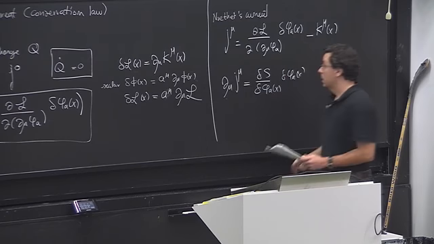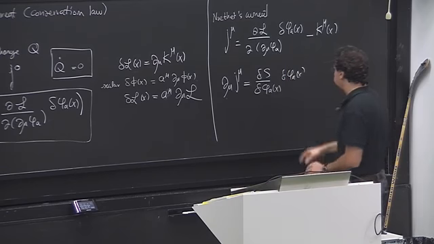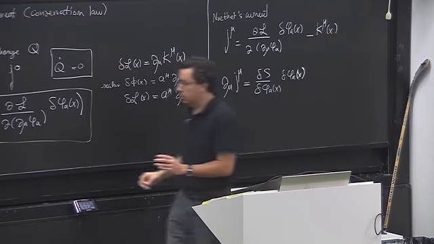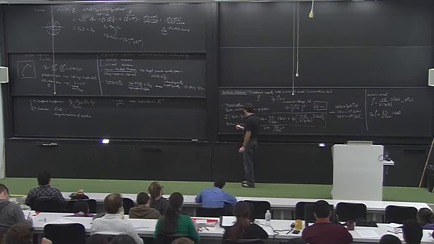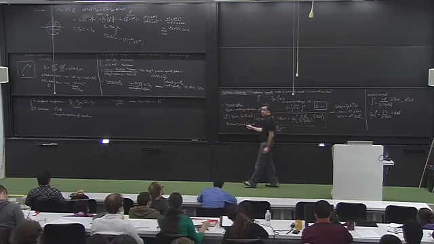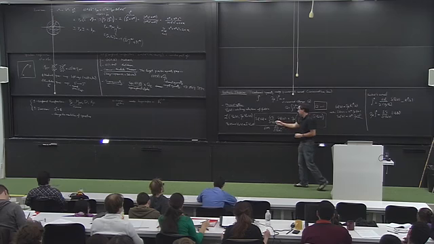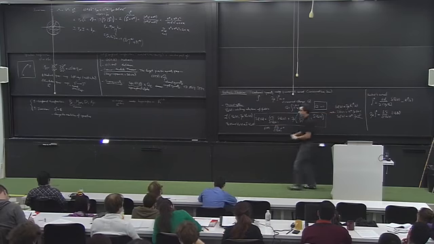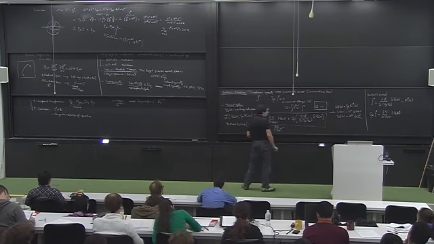So we constructed an object. Let me review the logic. We did an arbitrary field transformation like this, okay? That would give you the equations of motion, which is this side. Now we're going to choose a specific transformation, delta phi A, which is a symmetry.